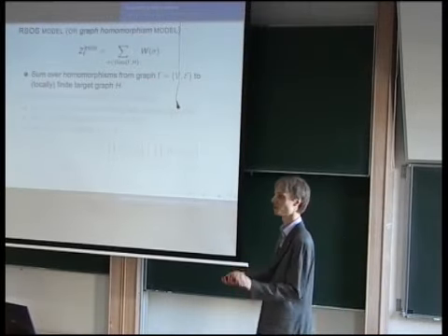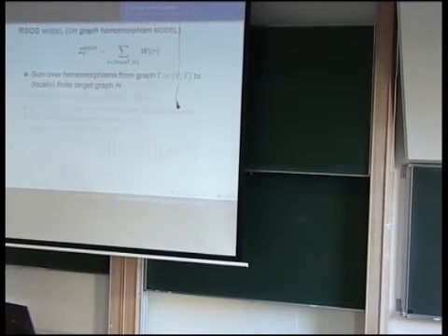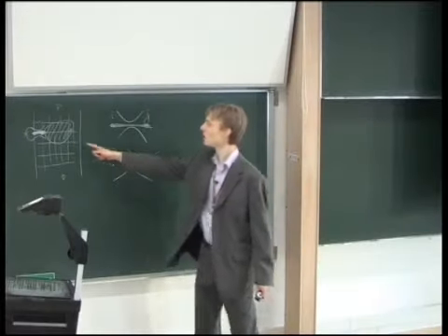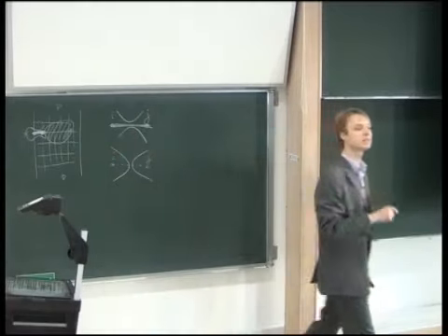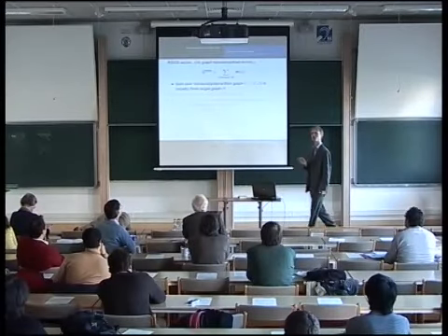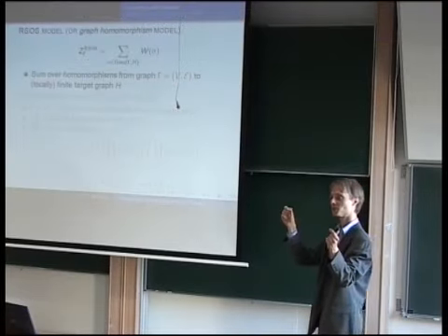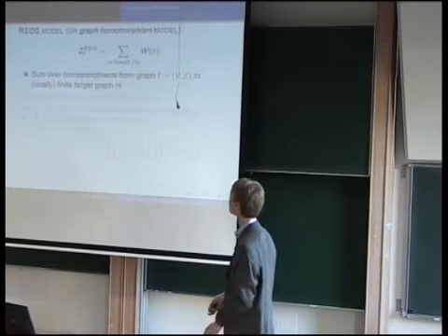Okay, so you should think about this in the following way. Instead of assigning colors to all the vertices, I assign values which live in some other graph. And there's a constraint, the homomorphism constraint. If two vertices are neighbors in the graph, then the values taken in the target graph are also going to be neighbors in that target graph. So that's why it's a graph homomorphism.